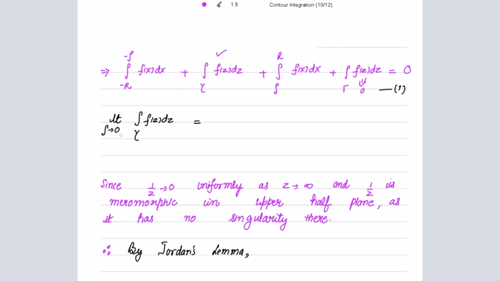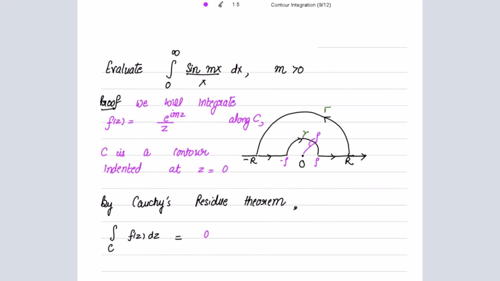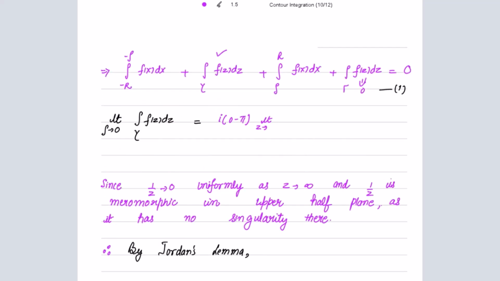So as rho tends to 0, for the semicircle gamma, the integral of f(z) dz is equal to minus pi iota times the limit as z tends to 0 of (z minus 0) f(z), that is z times f(z).